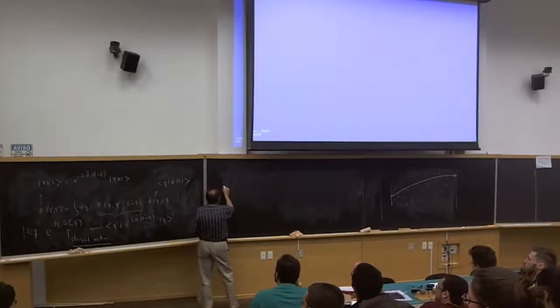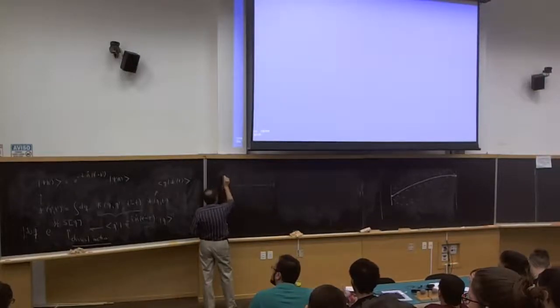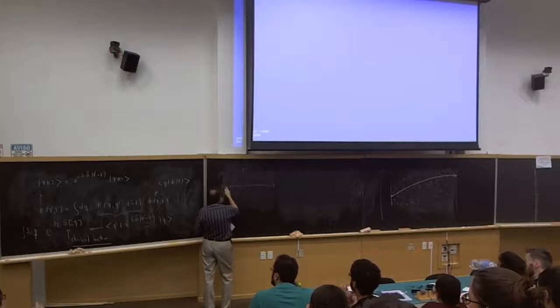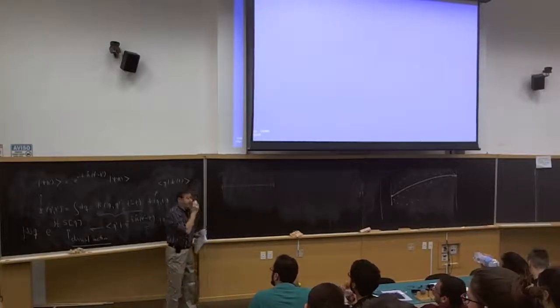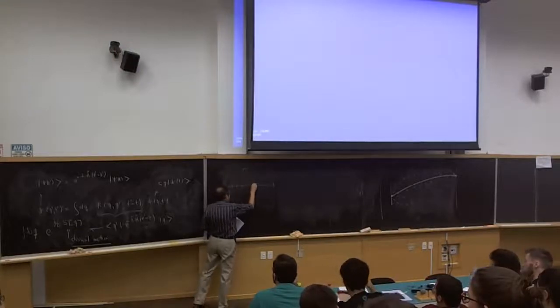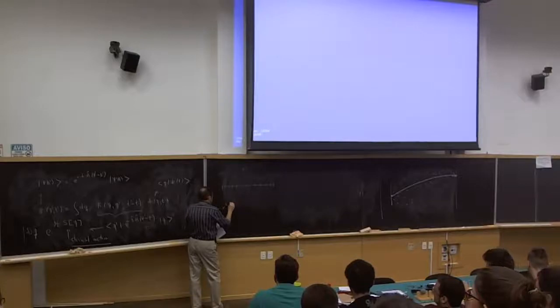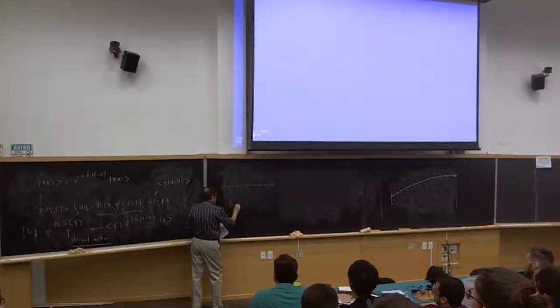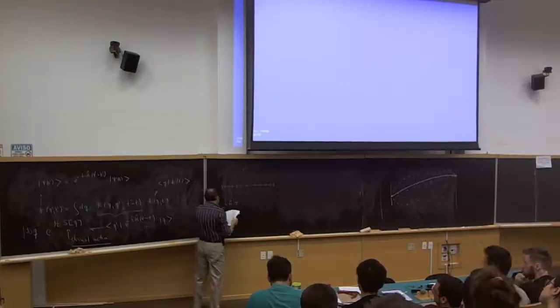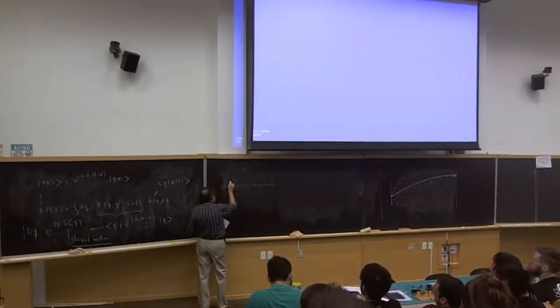So then you have, say, this is T, the time interval. Then you divide it up in small bits. So e to the minus i H t. Okay, so this then is, say, a delta.